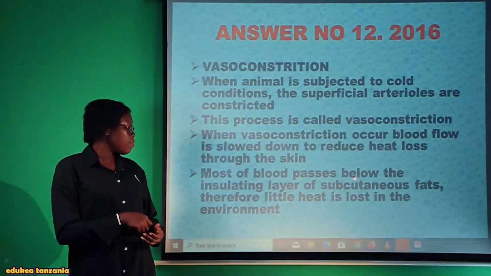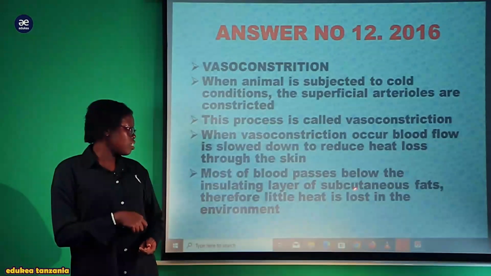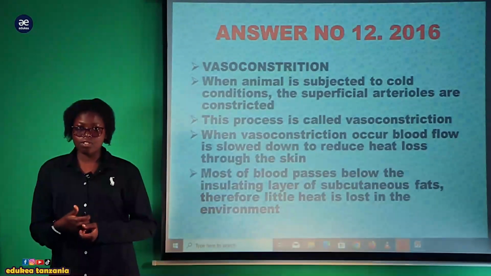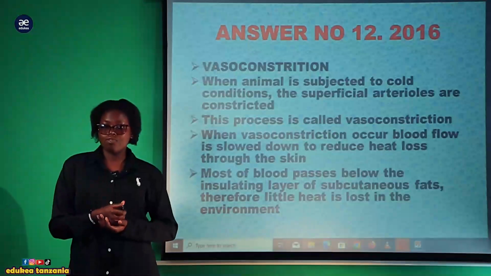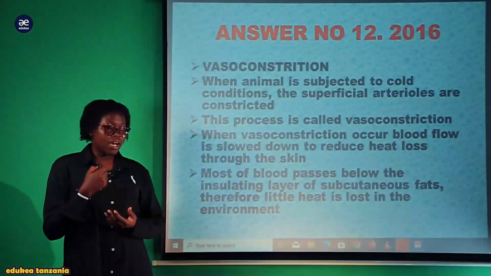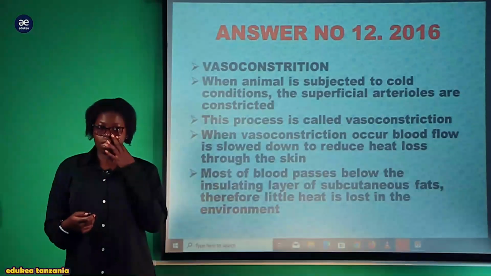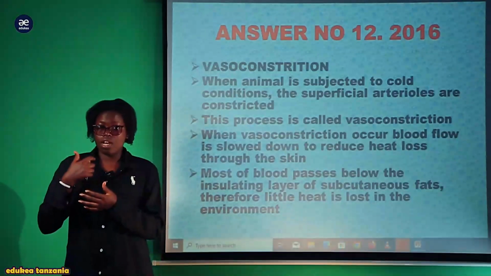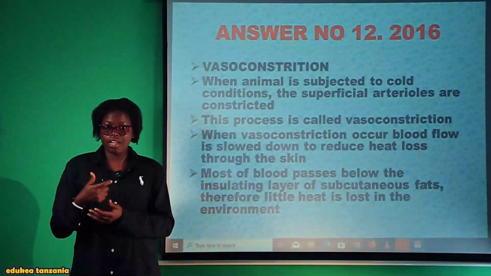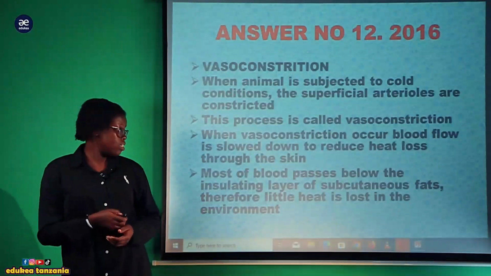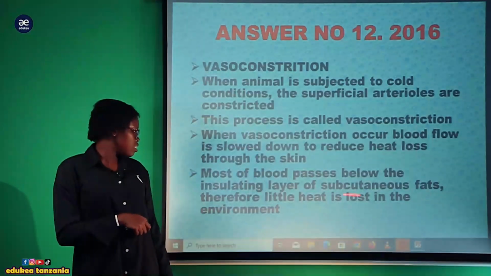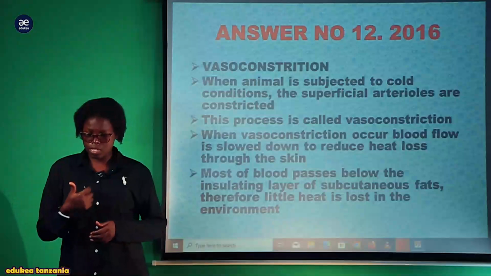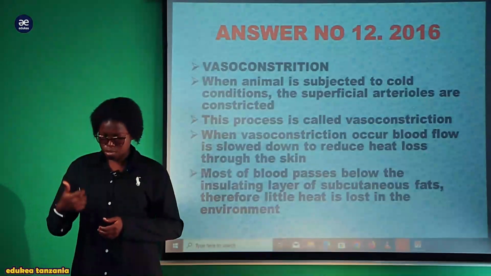So most of the blood tends to pass below the insulating layer of subcutaneous fat, which forms within the skin. The structure of the skin we have discussed in detail in our topic of coordination, in sensory organs, in the mammalian skin. Therefore, little heat is lost to the environment, because through this vasoconstriction, the heat is conserved in the body.